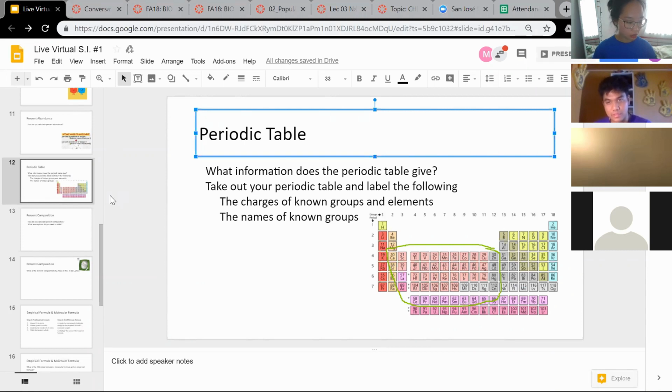So tin and lead over here also have various charges. They also carry various charges, which includes them in the periodic table. But I think we covered all of it.